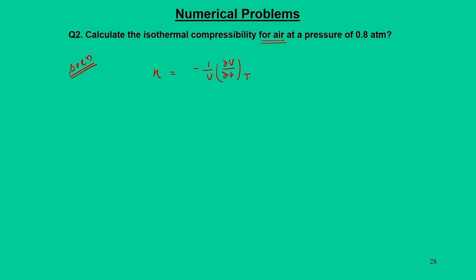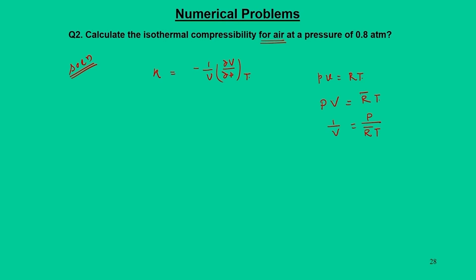So, we say PV = R̄T, and 1/V is equal to P/R̄T.